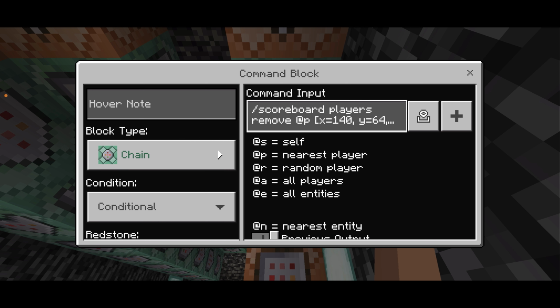Chain conditional. So the second one for all of them, for the pairs. Command block 2, command block 4, command block 6, command block 8, they are all going to be chain conditional.